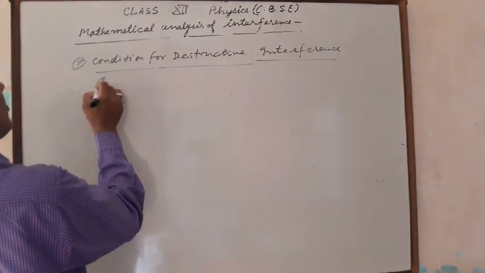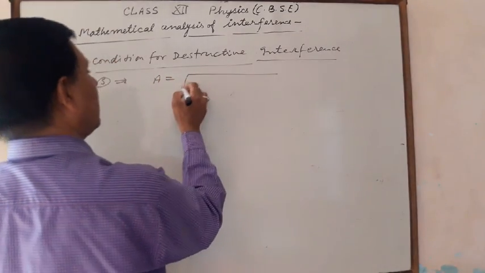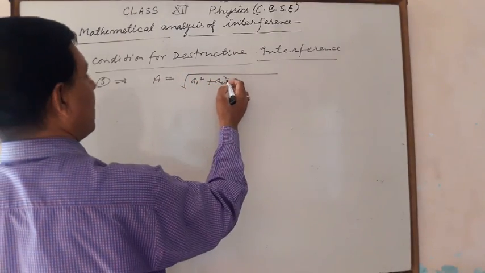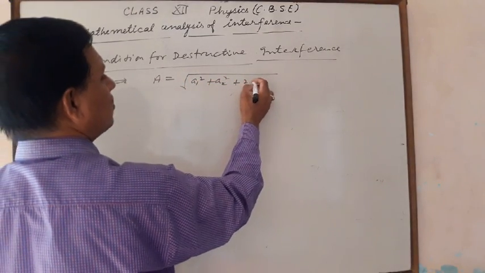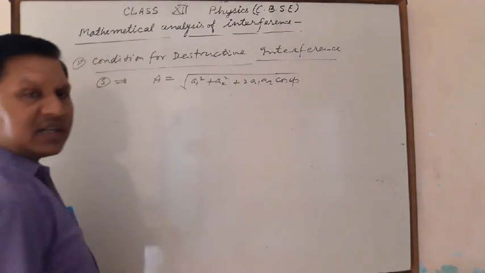From equation 5, we know that A is equal to under root A1 square plus A2 square plus 2 A1 A2 cos phi. This is the equation of amplitude for the resultant wave.